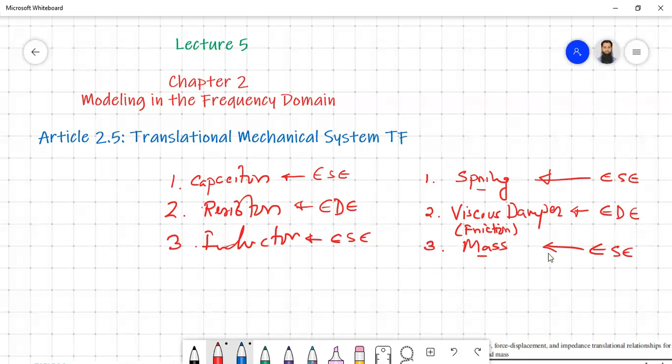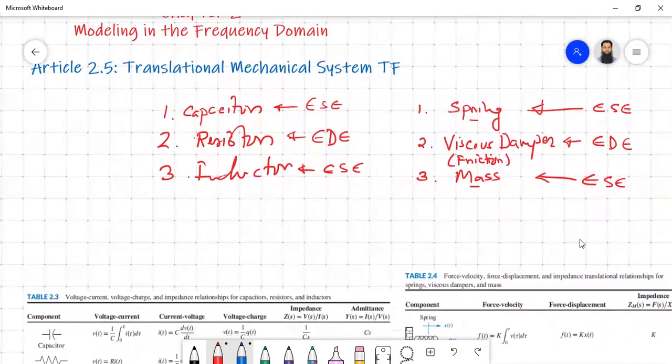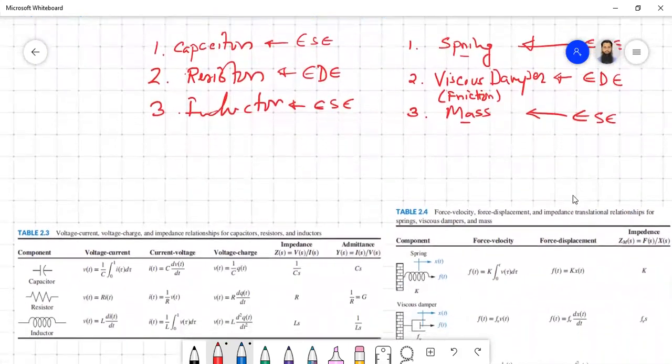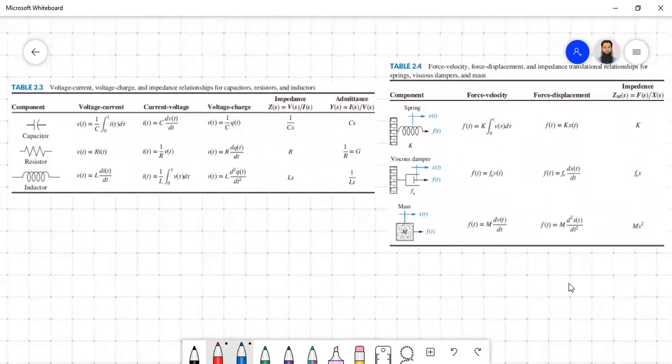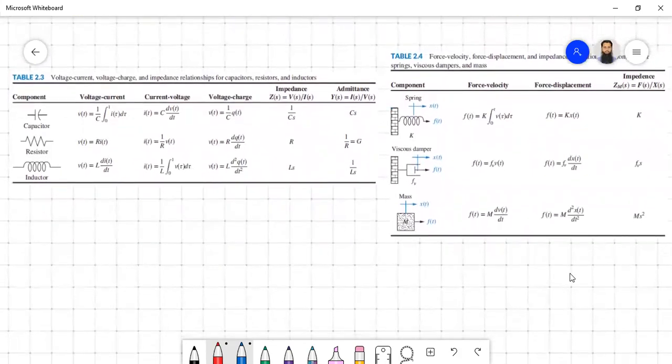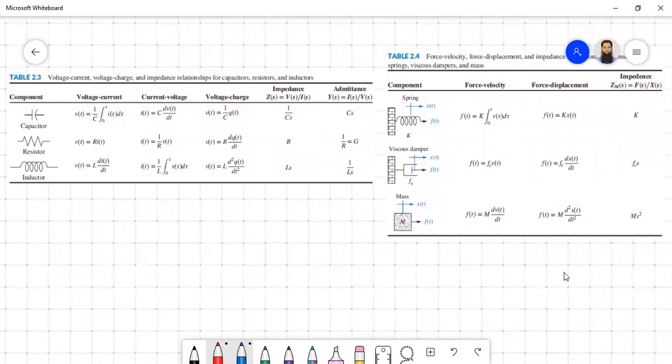So let us compare the tables. It will give you a better analogy. Table 2.3 is for the electrical system, and table 2.4 is for the mechanical system. If you compare these 2 tables, look at this column with this column.